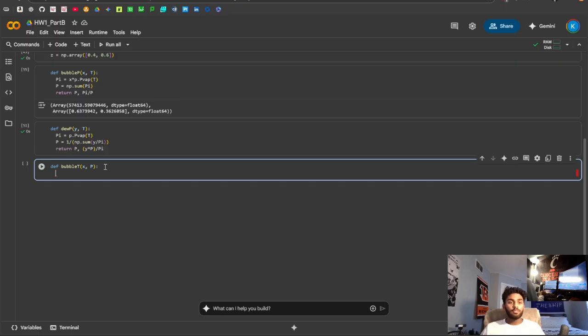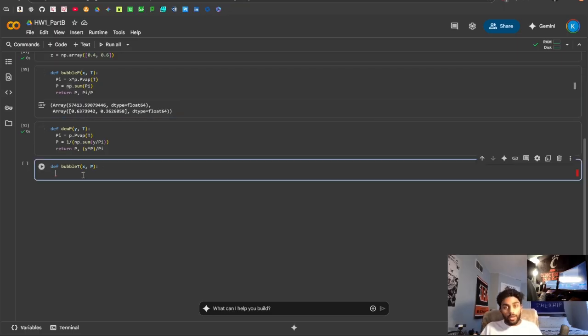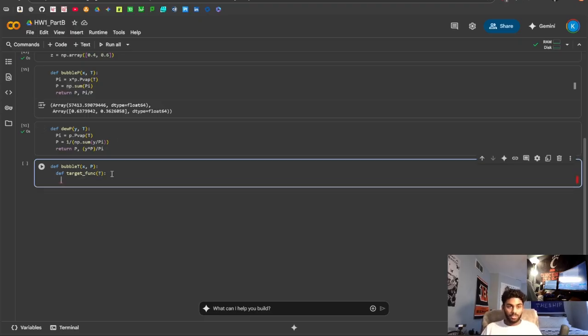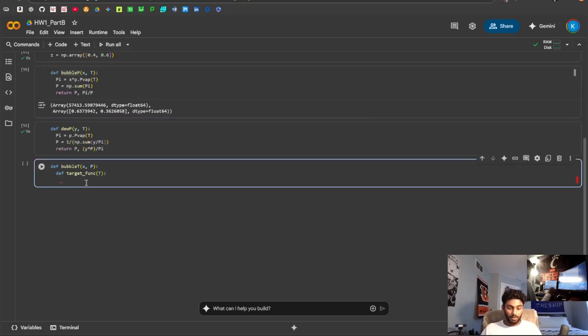Since we are kind of doing the inverse of this function earlier, one way to do it is to start defining another function. We'll call it like the target function. So target func, something like that, where we have inputs of temperature. And this function is actually going to be this bubble P over here.